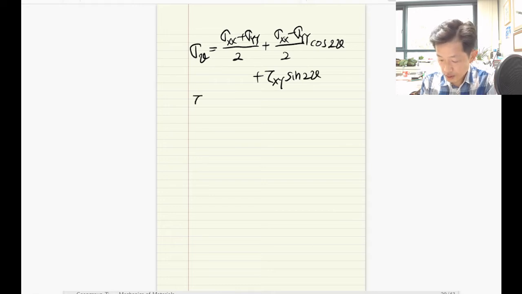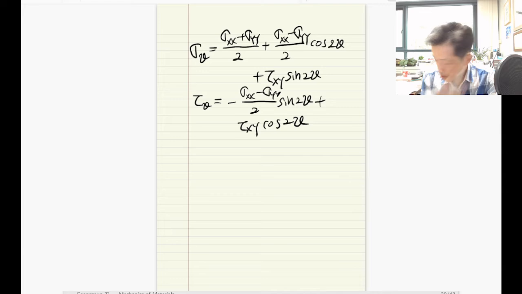And then the shear stress can be measured by this quantity. The structure of these equations is almost symmetric. That's why it is very easy to memorize. Okay?